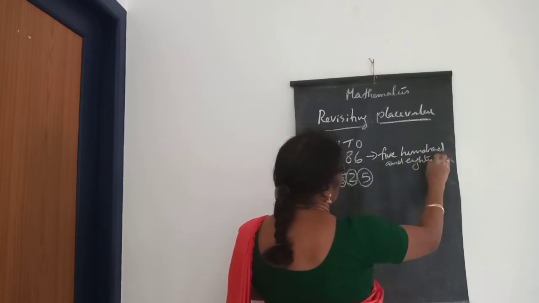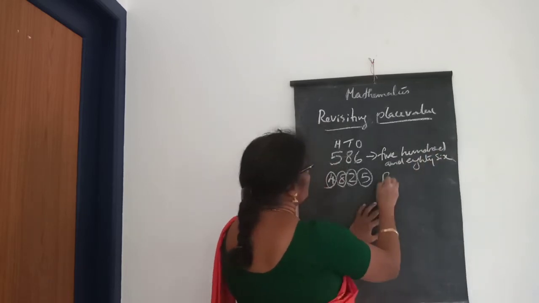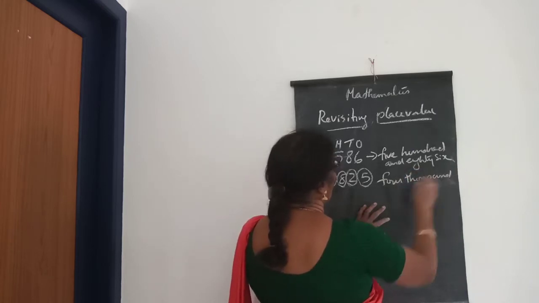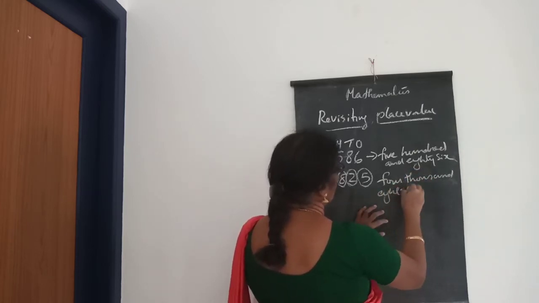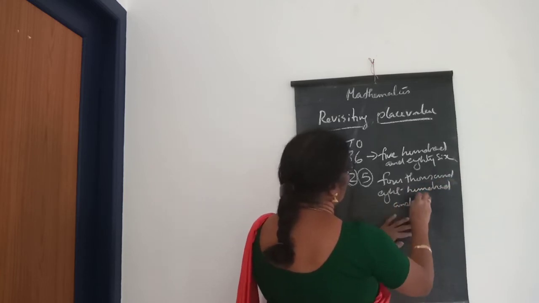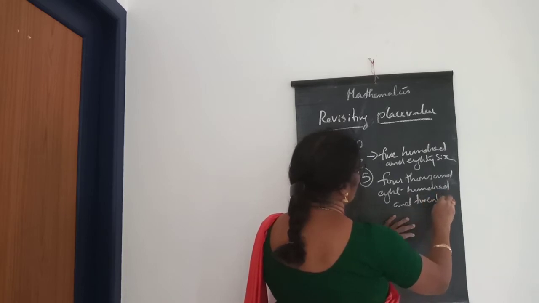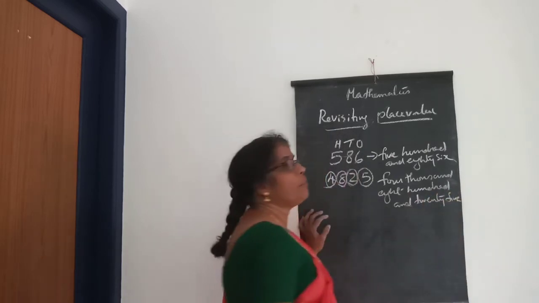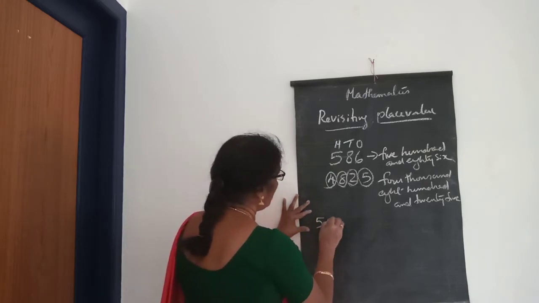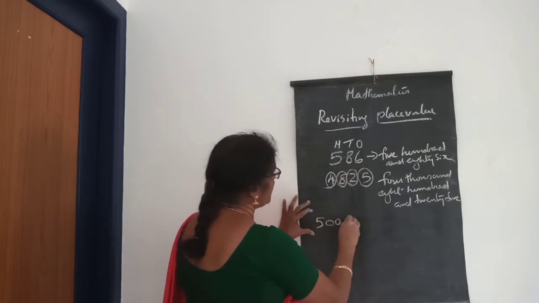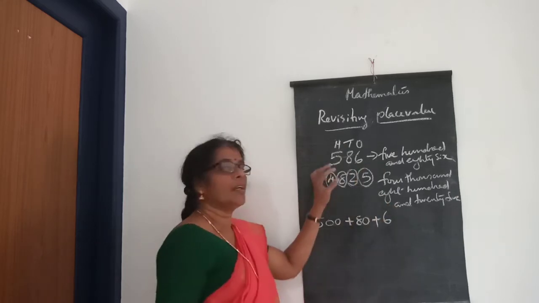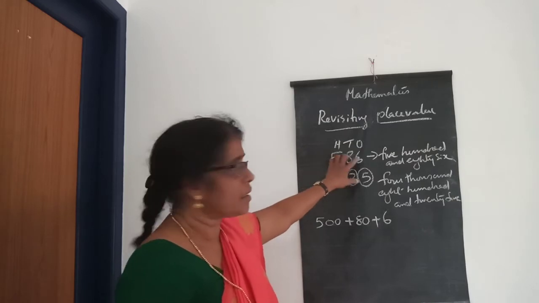And here 4,825 is the number name, and places. 586 means 500 plus 8 tens, 80, plus 6. 500 plus 80 plus 6.